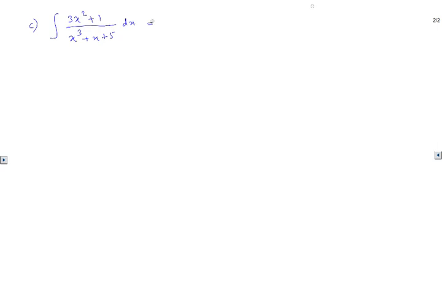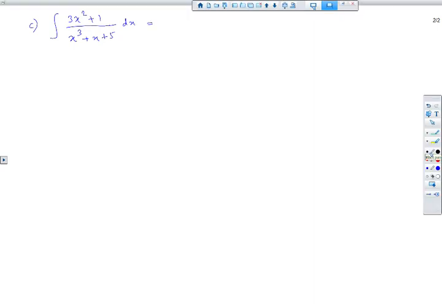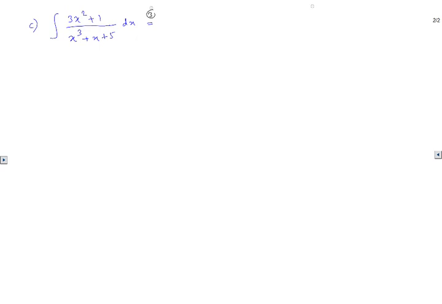If you look at the bottom function, what's the derivative of that? It is 3x squared plus 1. That's exactly what you have out there. So according to equation number 3, this is simply ln of x cubed plus x plus 5, plus c. Just equation number 3, because the top is the derivative.